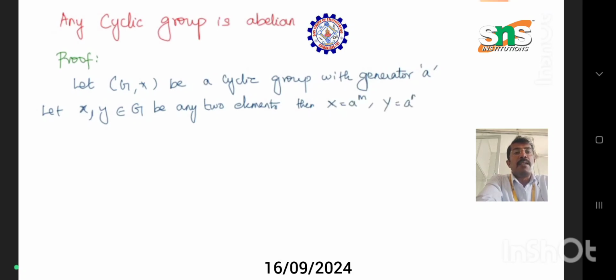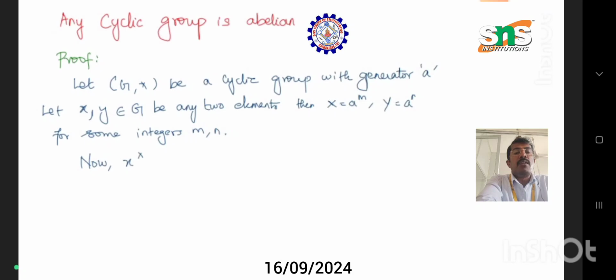From that cyclic group we are choosing two elements, and since these elements are taken from the cyclic group, they are generators. So let x, y belong to G be any two elements, then x can be written as x equal to a power m and y is equal to a power n.